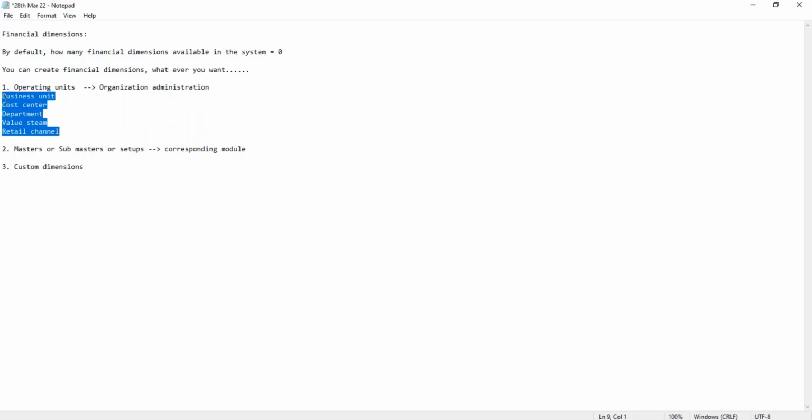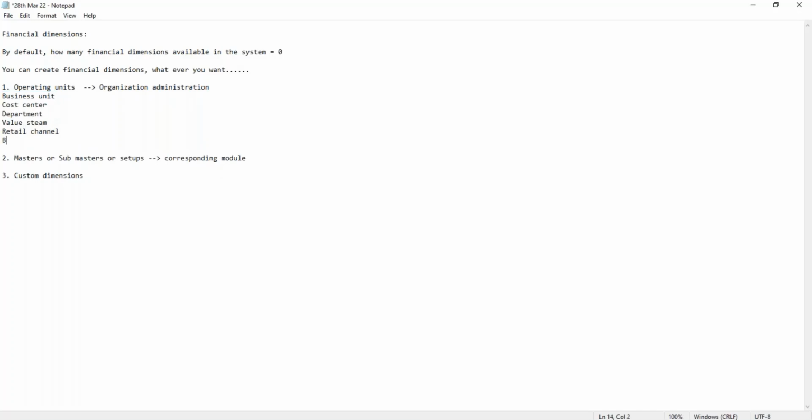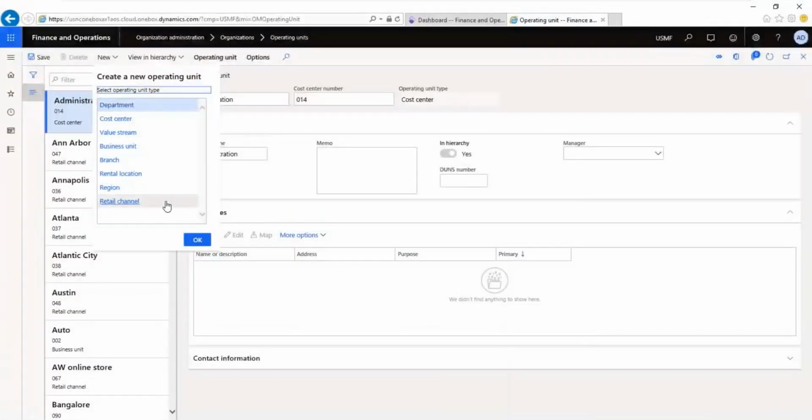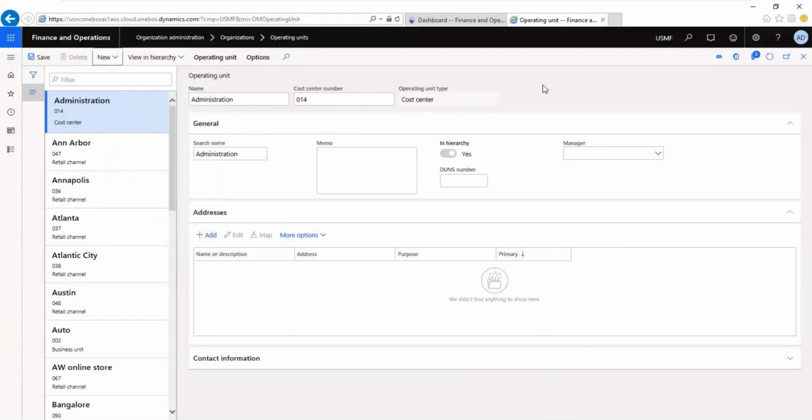But in D365, three more were added: branch, region, rental location. These all are operating units. You can create operating units here, and you can create the operating unit values.